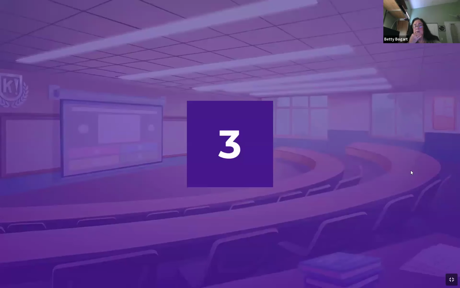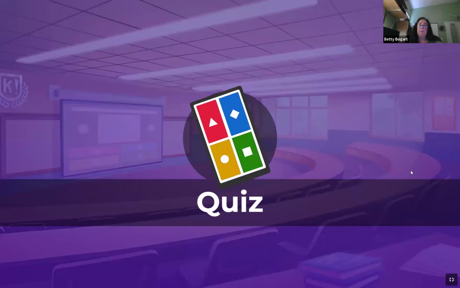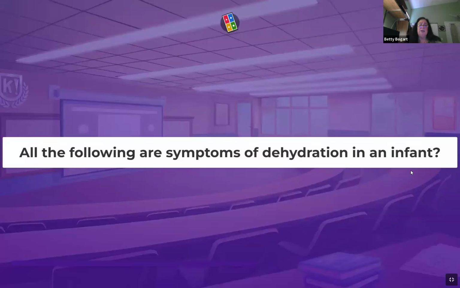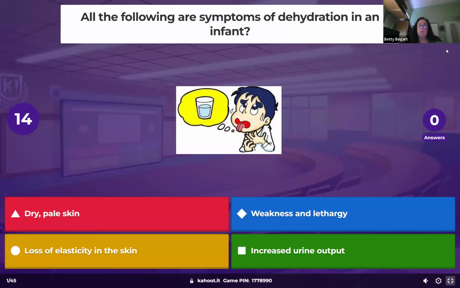Gastrointestinal dysfunction. Multi. All of the following are symptoms of dehydration in an infant. And I tell you, the only difference between dehydration in an infant and an adult is a fontanelle that's depressed.